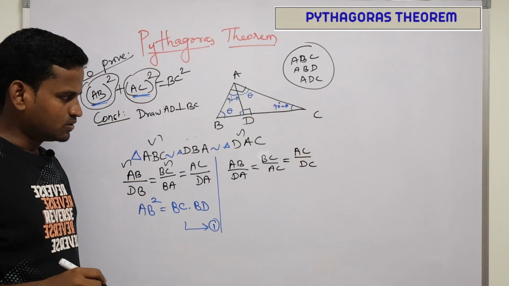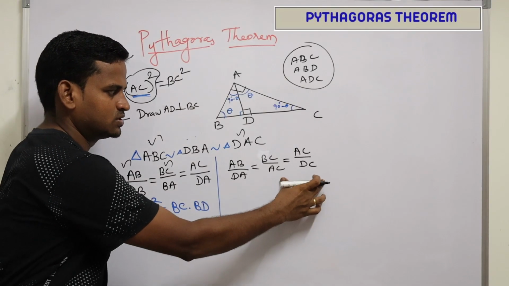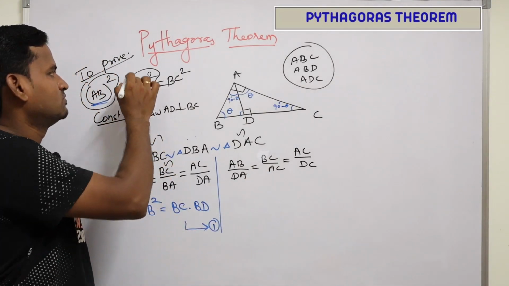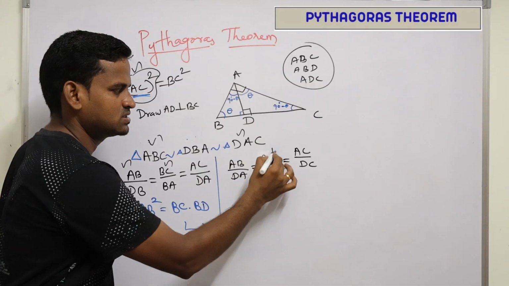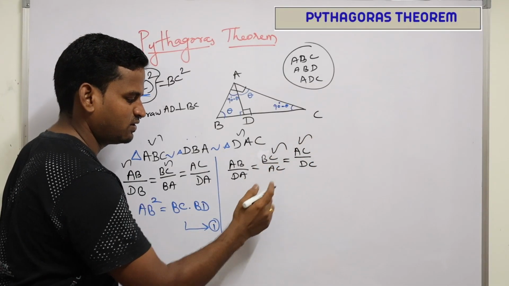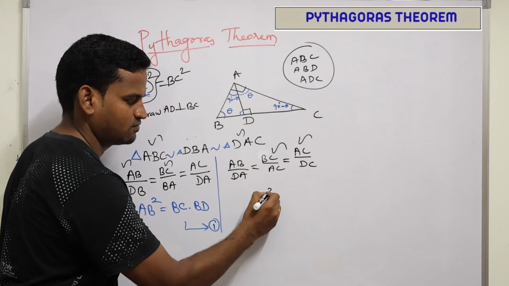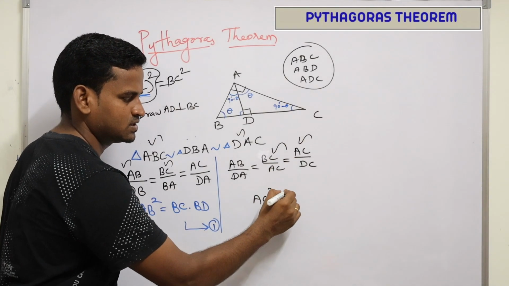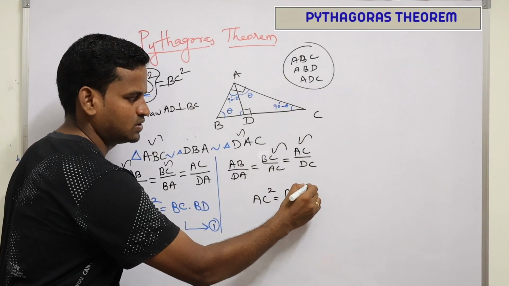Now you can take these two or those two, but where is AC? For AC, this and this. These two you can take. The value of AC square is BC into DC. You can take it as equation number 2.